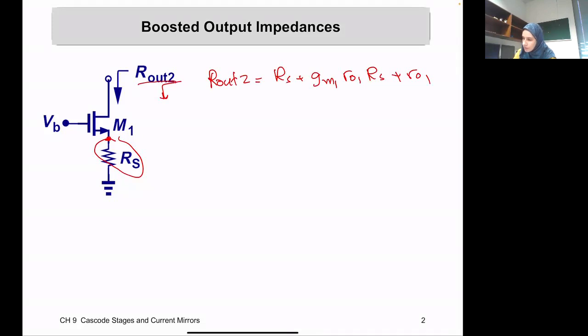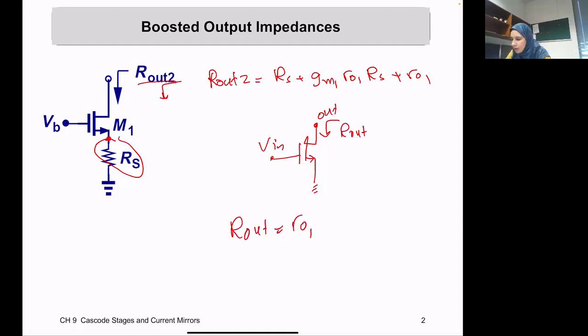So if it was the amplifier just having this Vn, this is our output, and we want to check the R out here, then R out will just be the R out small of the amplifier.